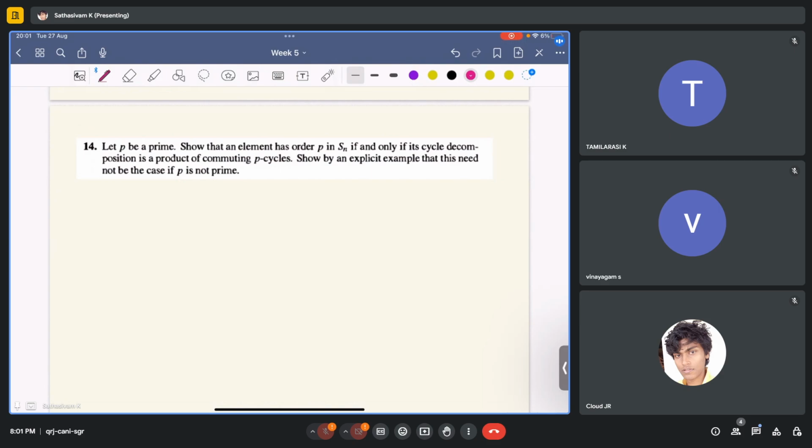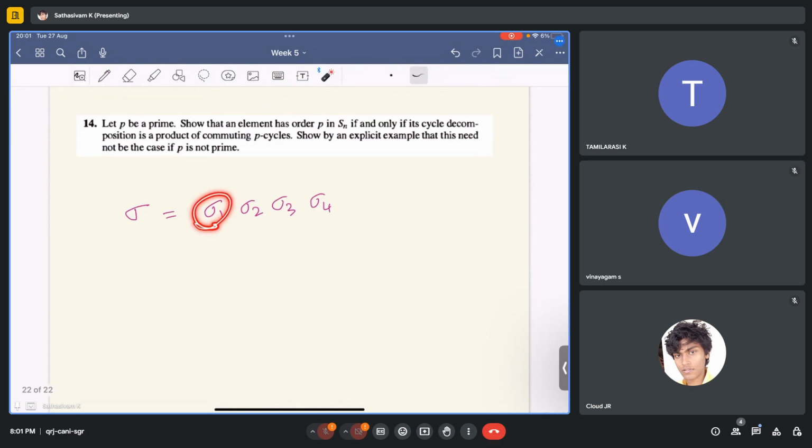So how do you prove this? Suppose I have a sigma, and I write it as sigma 1, sigma 2, sigma 3, sigma 4, etc. These are all single cycles. I'm writing it as a product of cycles.